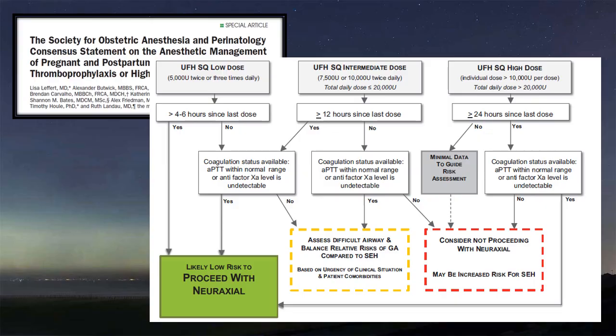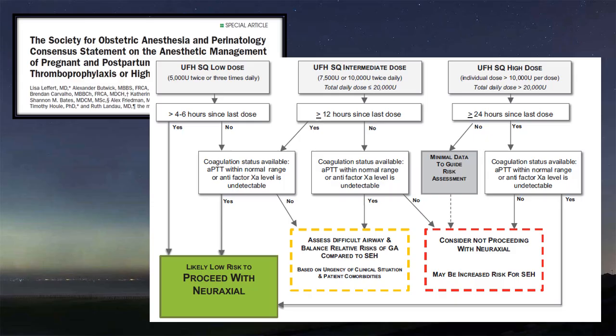It consists of the dose that has been given to the patient, how much she is receiving. After you know the dose, we look into how much time has elapsed since the last dose. And if coagulation status is available, what is the result of the coagulation status?